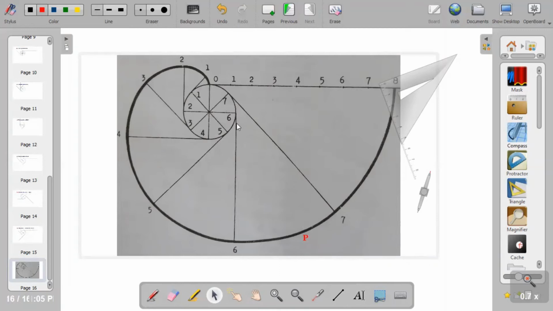Now you need to connect. Let me name the center of the circle O. The center of the circle, I want to name it as center O.